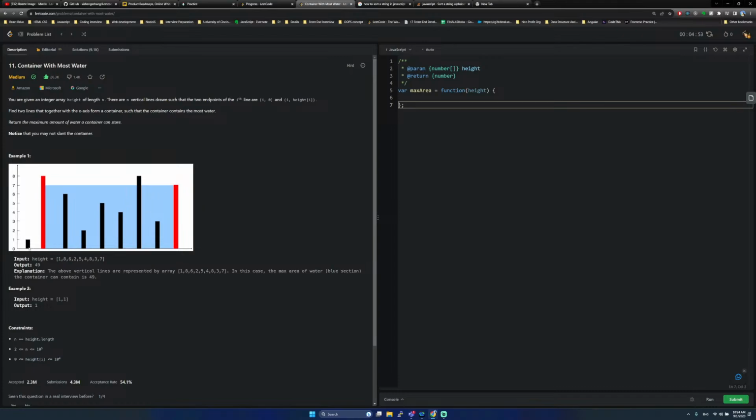So let's say we have these integers, which represent how tall the wall or the lines are. We'll keep a pointer i and j at the beginning and the end. So let's draw it.